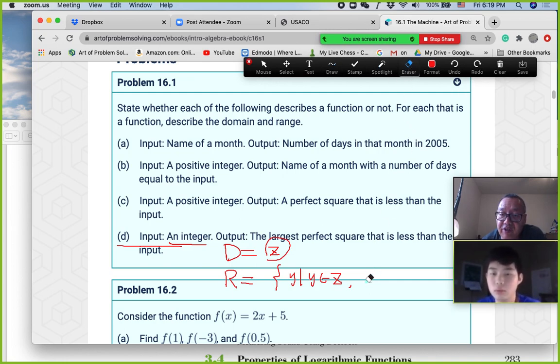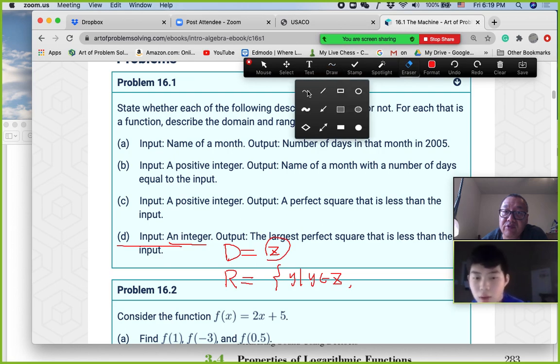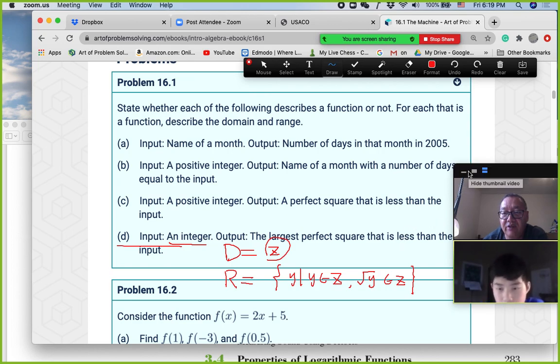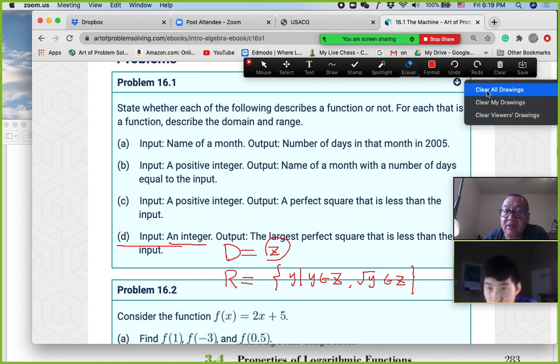You need to require the square root of y to also belong to the integers. They cannot take fractions or other irrational numbers. They can only be perfect square numbers. Okay, so now let's see.